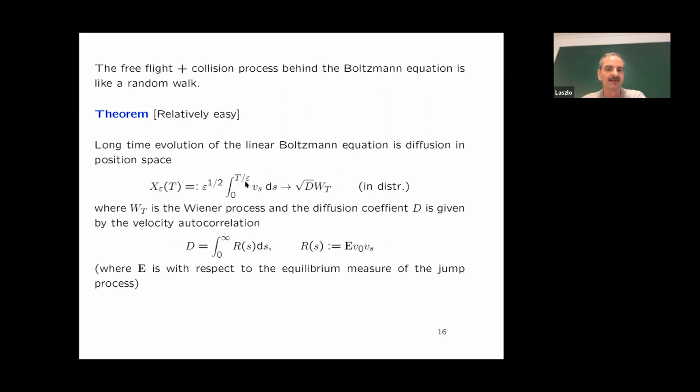You put in a scaling parameter epsilon, so you run it up to 1 over epsilon time, and you scale it appropriately. That happens to be the right diffusive scaling, which is the square root of epsilon, and then the whole thing as a process in this time converges to the Wiener process. So that's the usual way of getting diffusion from the long time evolution of the Boltzmann equation.